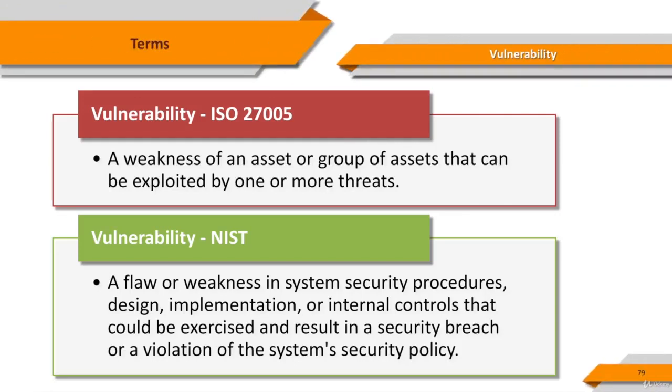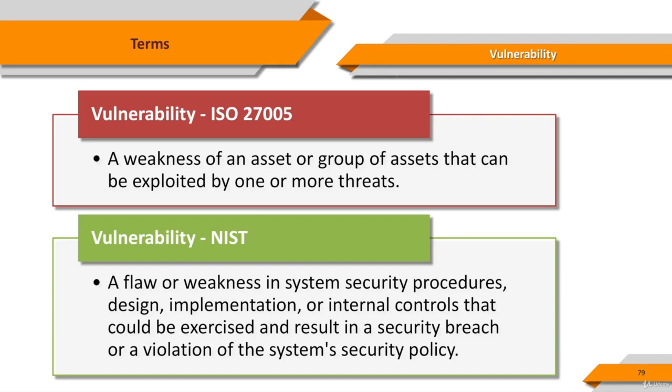So let's think about the term vulnerability first. I want to show you two vulnerability definitions from two important documents. The first document, ISO 27005, is the name of the Prime 27000 series standard covering information security risk management.